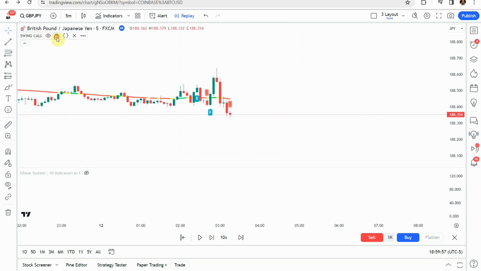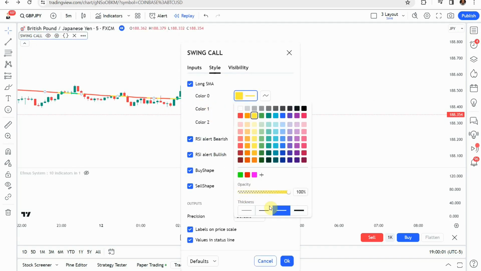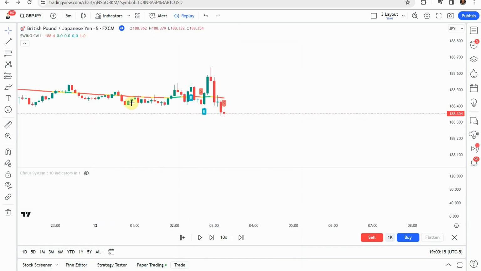You can also go in and under the styles, you can, if you want, bump up the opacity and the line weight of the color 0, color 1, and color 2, even though it's not actually necessary in the strategy itself. Nonetheless, we'll go ahead and move on to the next indicator.